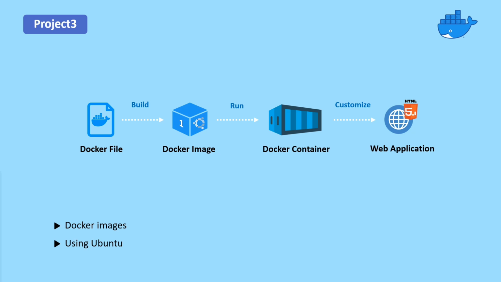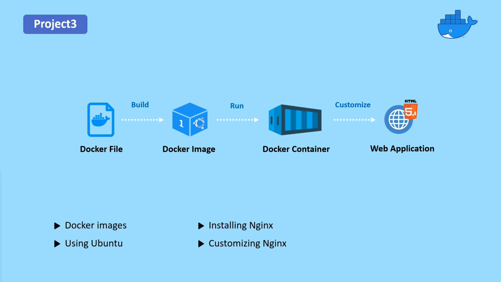Using the Ubuntu as a base image, you will also learn how to use Ubuntu, a popular Linux distribution, as a base image for building Docker images. Also, installing web server. You will also learn how to install Nginx, a popular web server software, inside a Docker image, and also you will learn how to use the apt-get command to install Nginx and how to start and stop Nginx service inside the image.